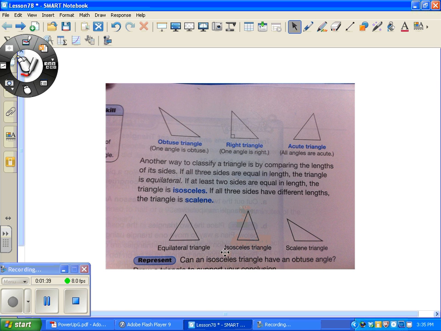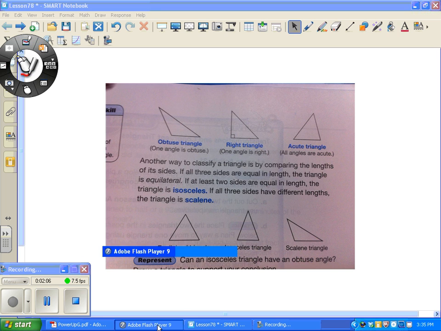Two sides equal, that's isosceles, which would be a fabulous spelling bee word for you folks who love to spell really hard words, isosceles. I still have to look that one up myself. And then if each side would measure differently, then that's called a scalene triangle. Okay, all the sides are different, so they can all be equal, two can be equal, or they can all be different. Okay, now we're ready to look at some of these examples.